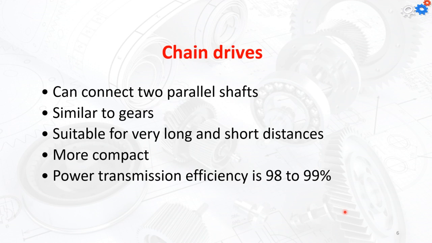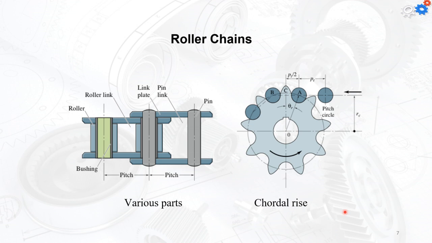Which is something they made later as timing belts, which do the same effect. So these are once again the roller chains. You have the pins, and we have the rollers inside them. Then we have the link plates on the side to connect between the different chains.